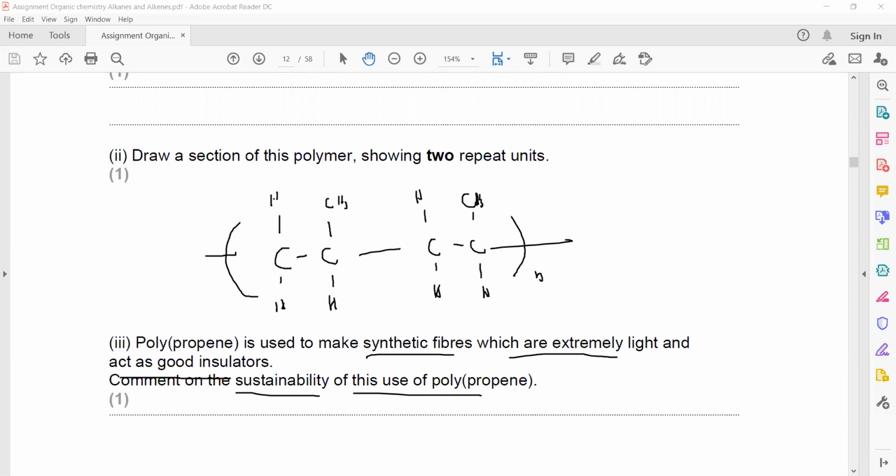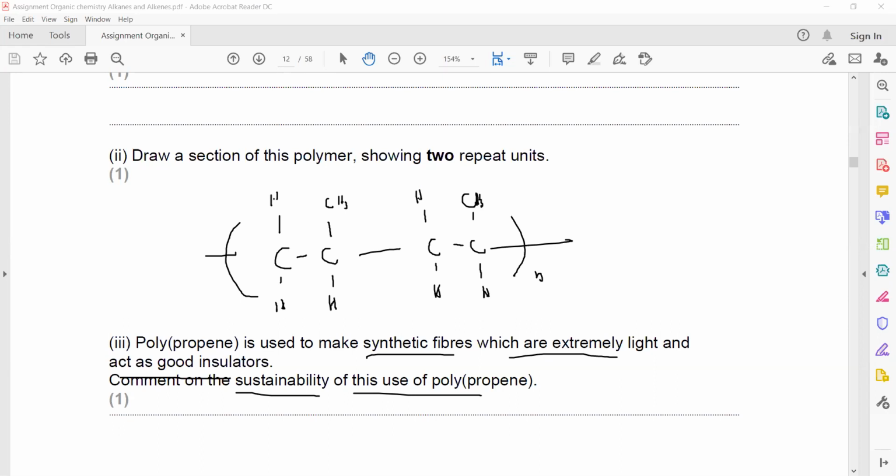To get this monomer propene, first we have crude oil, then we do fractional distillation of the crude oil, and then we do cracking. In cracking we obtain these small alkenes, and then we polymerize them.